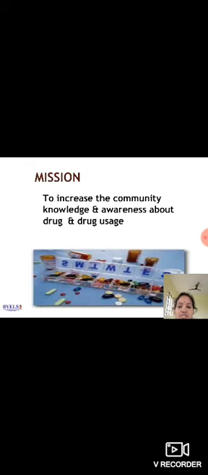What is the mission of the drug information services? To increase community knowledge and awareness about the drug and drug use. So we are giving knowledge and awareness about the use of drugs to the public. Coming to the history, the first DIC was at the University of Kentucky in 1960.